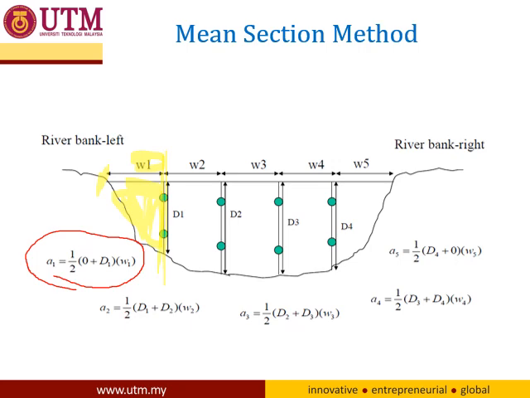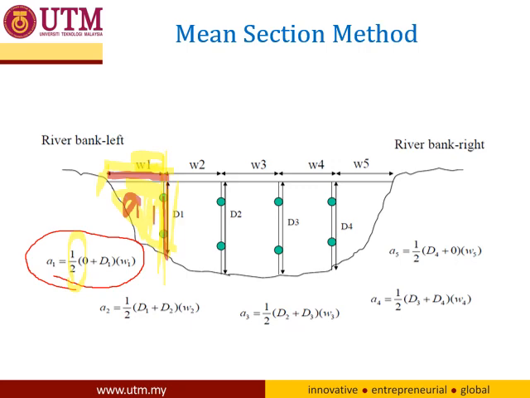So the area, you use the trapezoidal formula, half multiplied by the depth and by the width. So you get the area 1, A1.